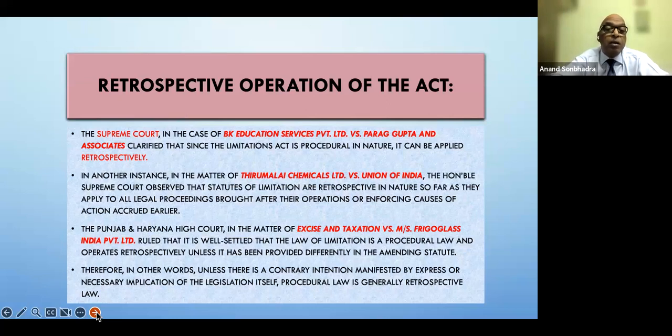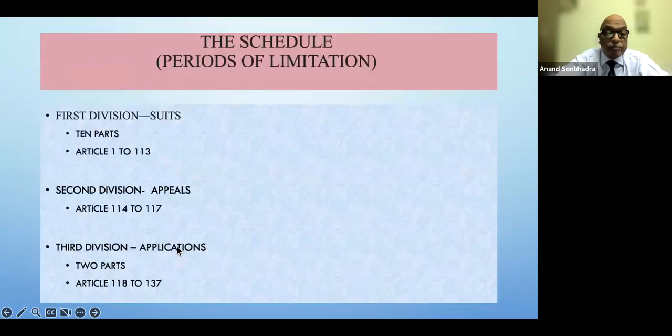And to support that, in another instance, in the matter of Tirumala Chemical Limited versus Union of India, again the Honorable Apex Court observed that statutes of limitation are retrospective in nature so far as they apply to all legal proceedings brought after their operation for enforcing causes of action accrued earlier. There was another case in this matter, sorry.